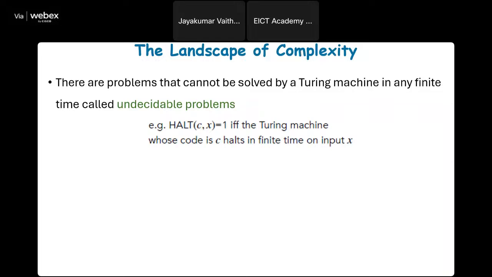Take an example of halt(c, x) equal to 1 if the Turing machine whose code is c halts in finite time on input x. This is very important for any algorithm to halt at some point.